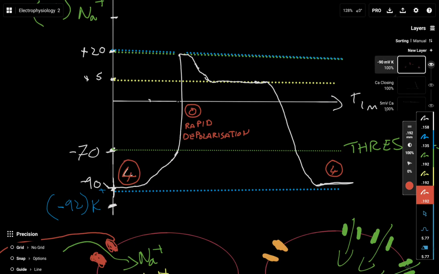Then I'm going to start having this outward flow of potassium here, that's what we call phase 1. Phase 2 is this plateau, which is my refractory period.